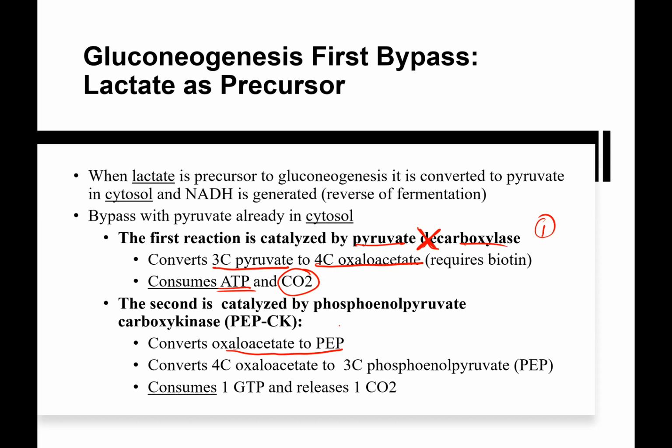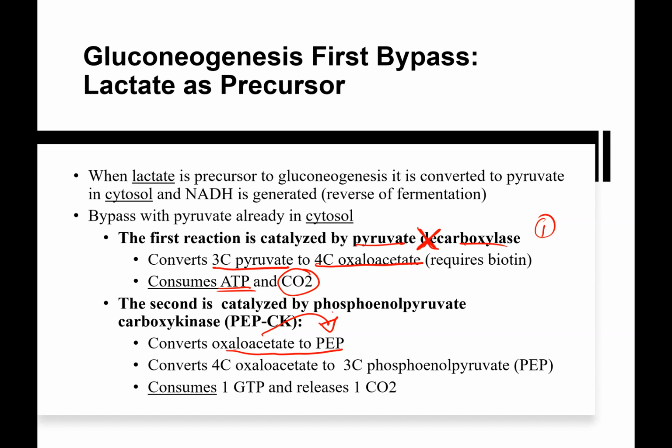So no sooner have we carboxylated our compound pyruvate to make oxaloacetate, we're turning around and we're removing it. But of course, we're not going back to pyruvate. That would be pointless. We're going from oxaloacetate to PEP.